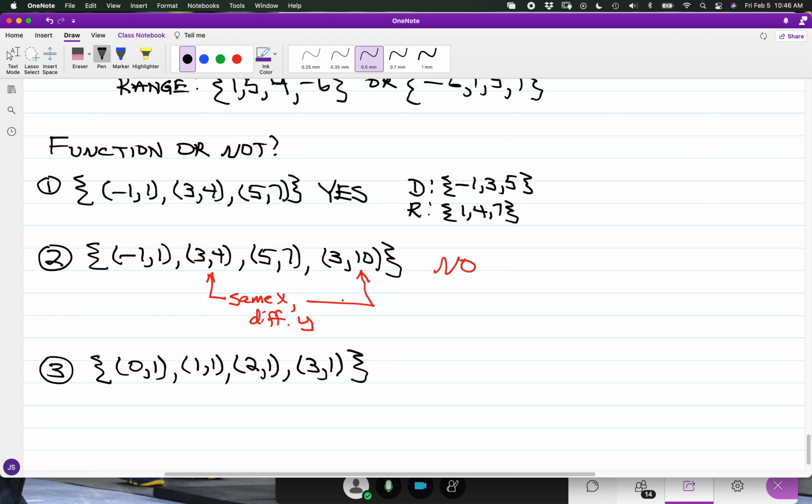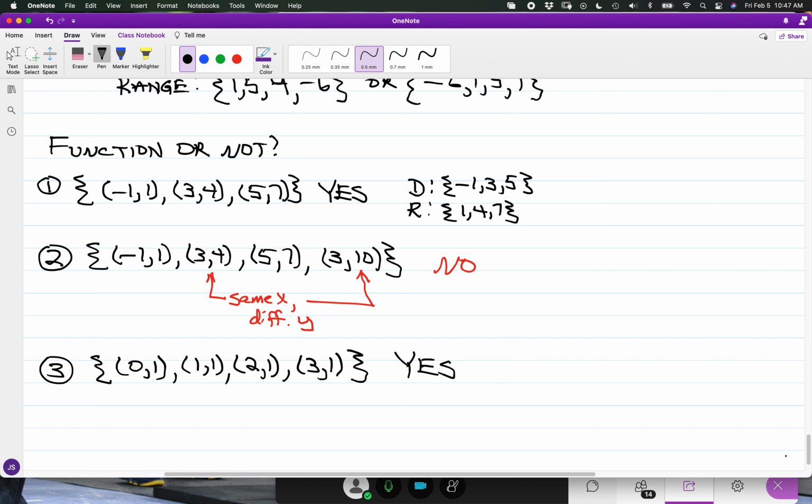Now with 0, 0 is paired up only with 1. As an x value, 1 is still paired up only with 1. 2 is paired up only with 1. 3 is paired up only with 1. So this is going to be a case of a function.